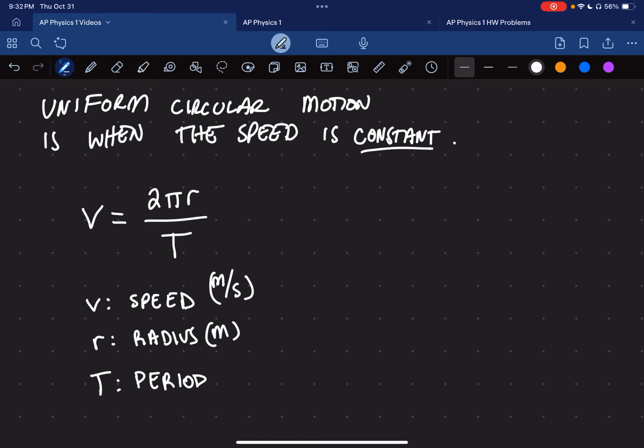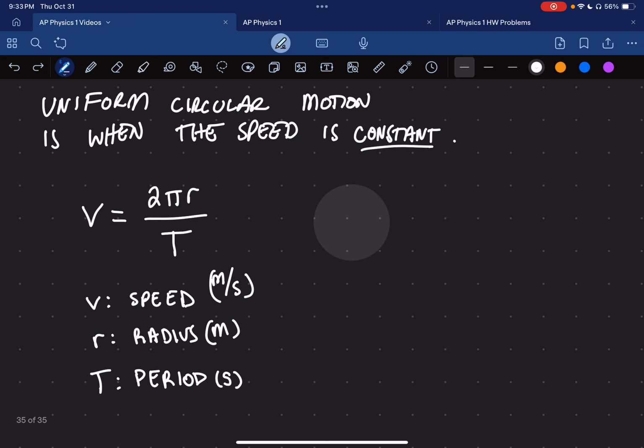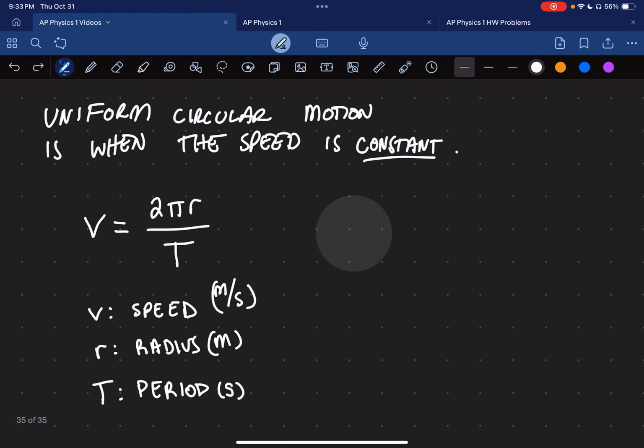And I should say capital T we often use for period, which is a time, it is in seconds, but it's the amount of time that it takes for an object to go around the circle once, which we call a revolution.